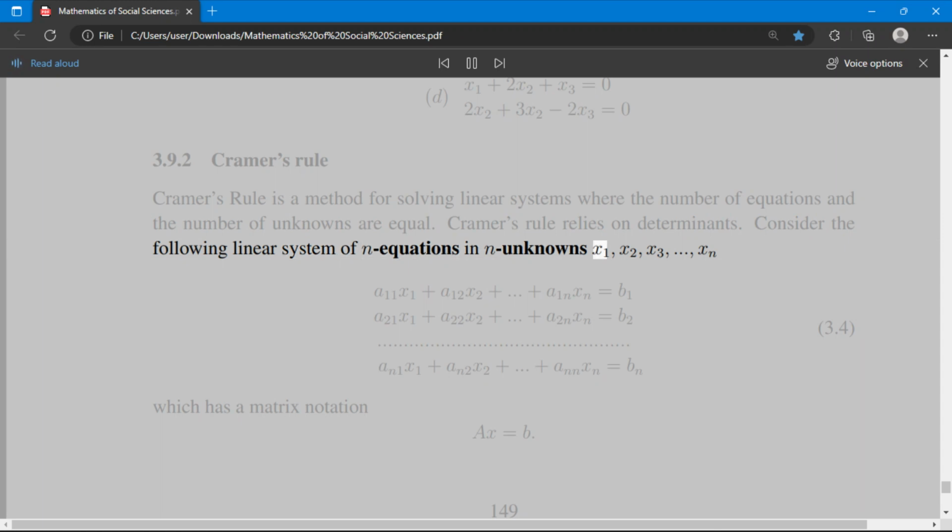Consider the following linear system of n equations in n unknowns x1, x2, x3, ..., xn: a11x1 plus a12x2 plus ... plus a1nxn equals b1, a21x1 plus a22x2 plus ... plus a2nxn equals b2, and so on, up to an1x1 plus an2x2 plus ... plus annxn equals bn. 3.4, which has the matrix notation AX equals B.